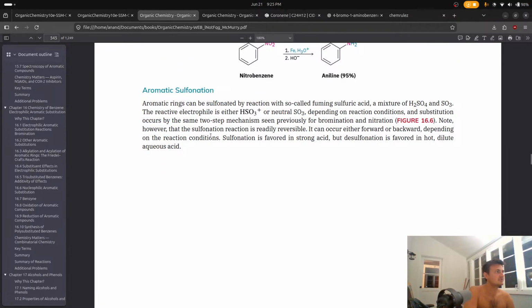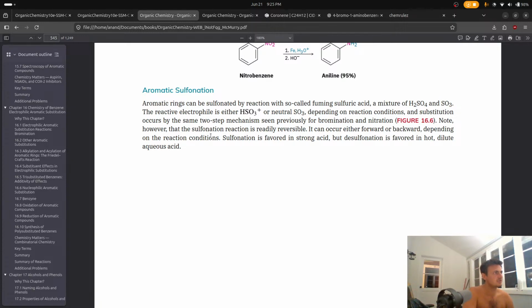Now aromatic sulfonation. Aromatic rings can be sulfonated by reaction with so-called fuming sulfuric acid, a mixture of H2SO4 and SO3. The reactive electrophile is either HSO3 plus or neutral SO3, depending on reaction conditions.